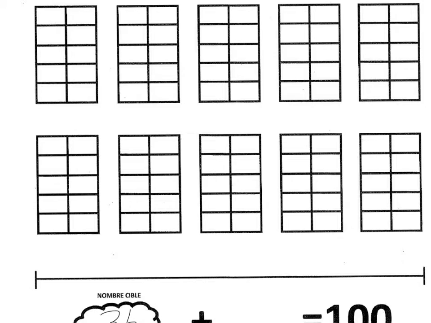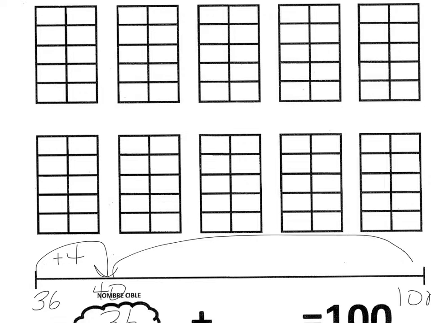Now the next step would be not to have that many steps on the number line. So again, they would start with 36 as their first number, 100 as their last number. Again, finding the next friendly number after 36, which is 40. Then they would put 4 here, because that's the difference between 36 and 40. Then after, they would have to make one big jump from 40 to 100.